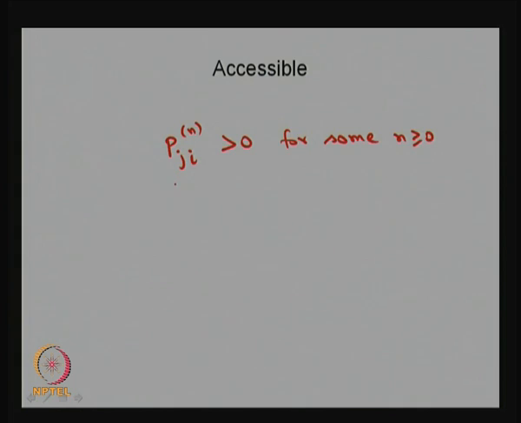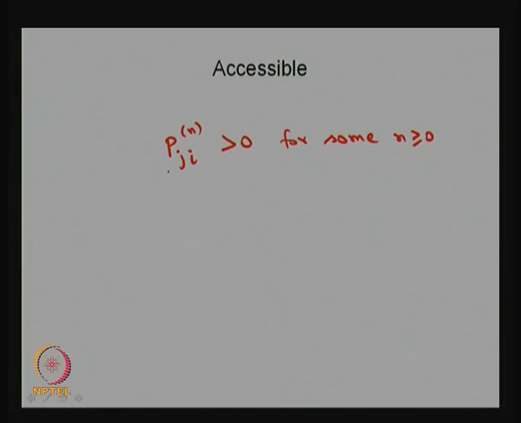That means this is the element of the n step transition probability matrix, and if that element is greater than 0, then we say the state i is accessible from the state j.